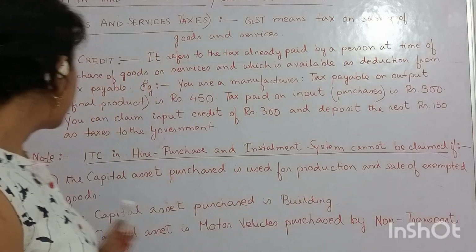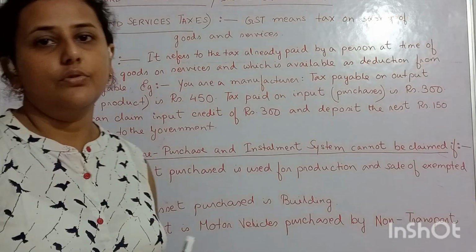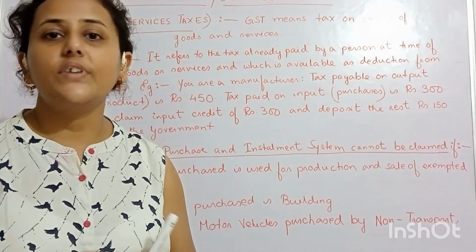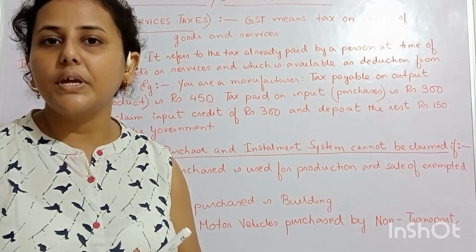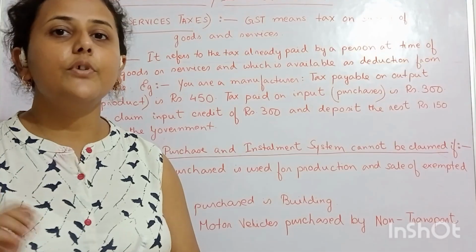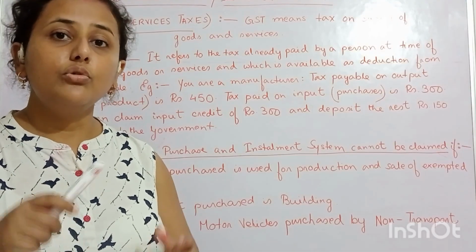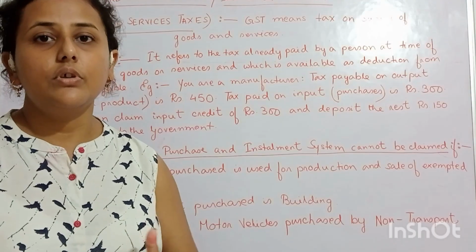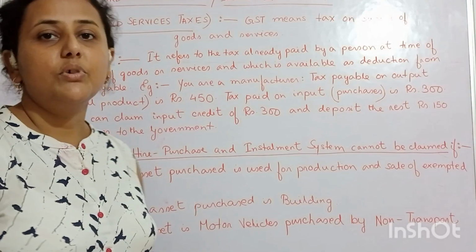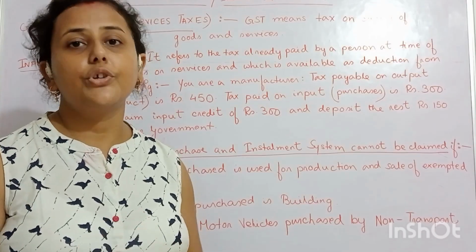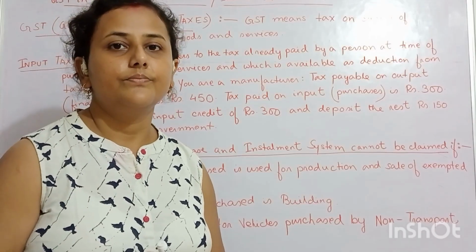Also, on the sale of exempted goods, there are some goods which do not have any taxes. No taxes are paid for the purchase of those goods, as they are exempted from taxes. So on the sale of those goods, ITC cannot be claimed because no question of taxes comes here.